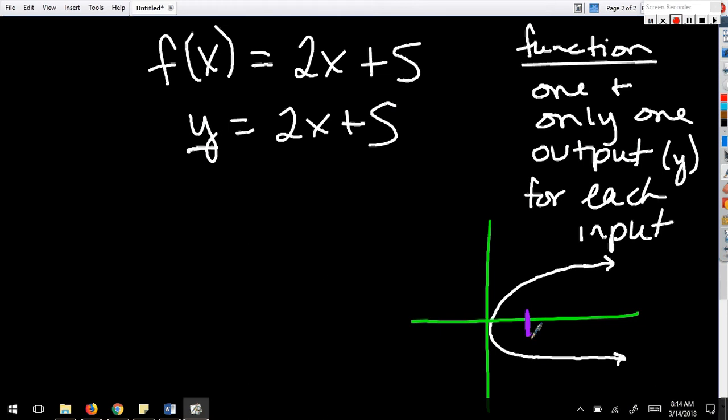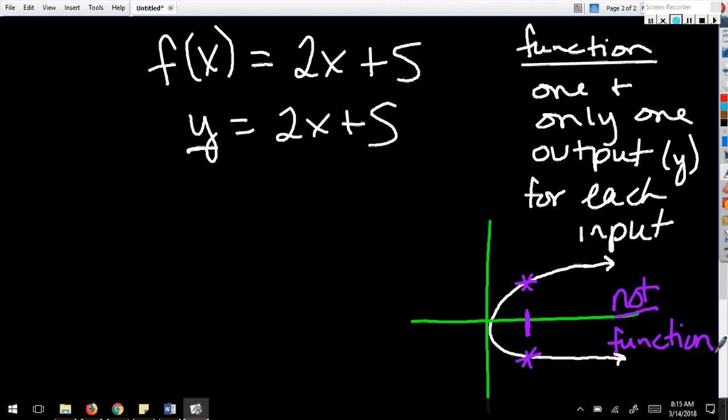Do you see that? When x is 1, here or here could be a y value. That means it's not a function. Functions are any relationship that has one and only one output for each input.